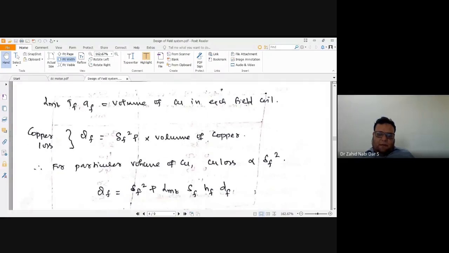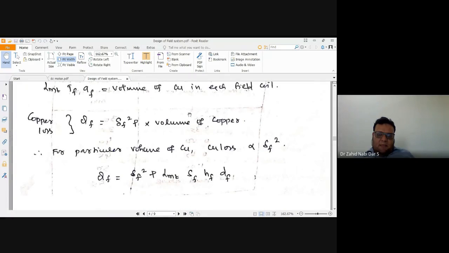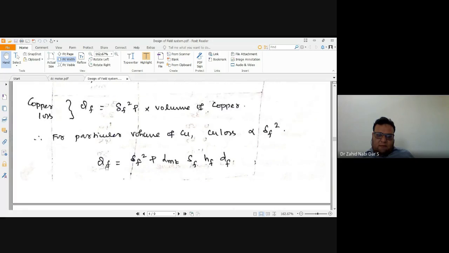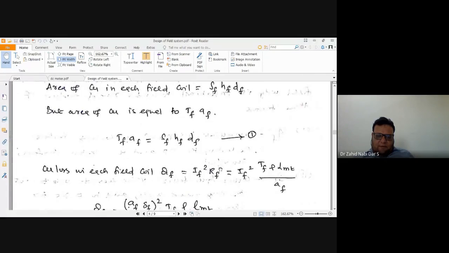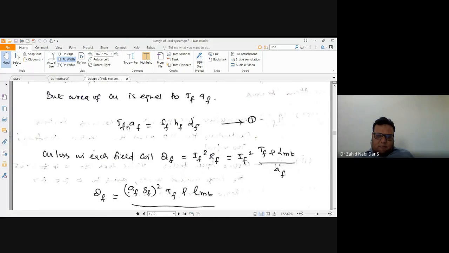For a particular volume of copper, if the volume of copper is constant, then your copper loss is proportional to del F square, so you can safely write it as rho del F square, rho LMT TF AF. Here one important factor I wanted to express: see this TF into AF.